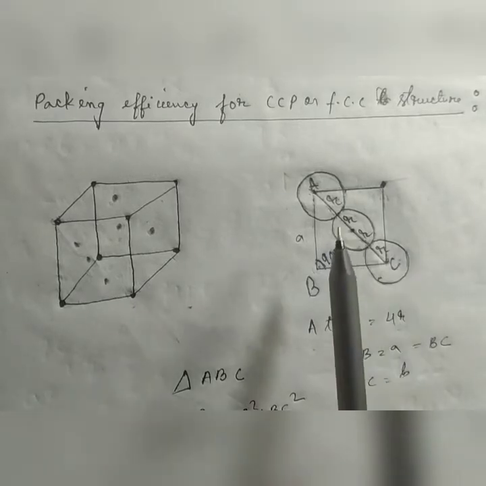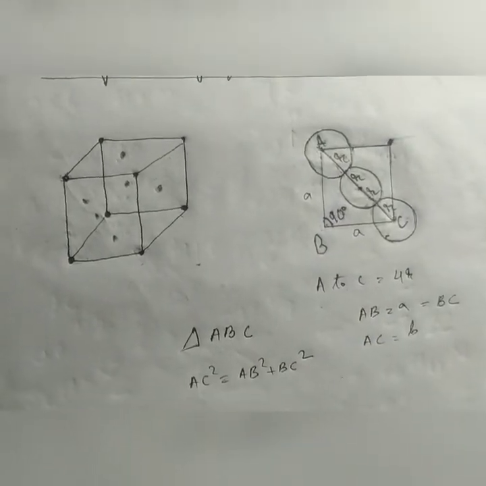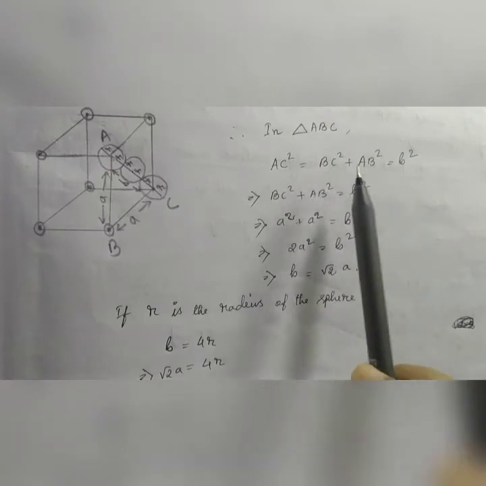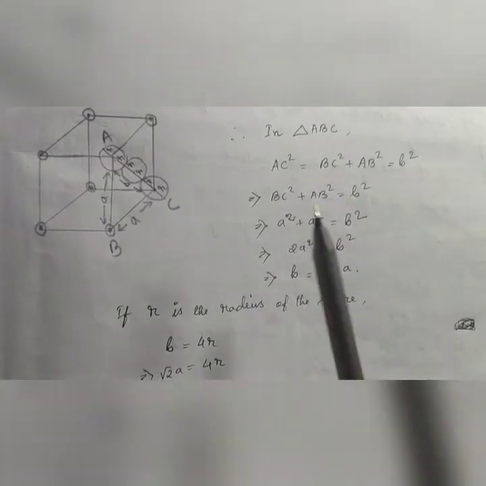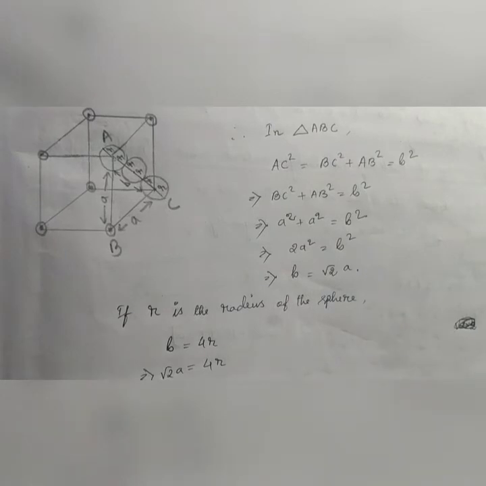So let us consider triangle ABC. Now by applying the Pythagoras theorem we can write AC square equal to AB square plus BC square. Now just put the values of BC, AB and AC in this formula. After putting the values you will get the value of b as root 2 a.